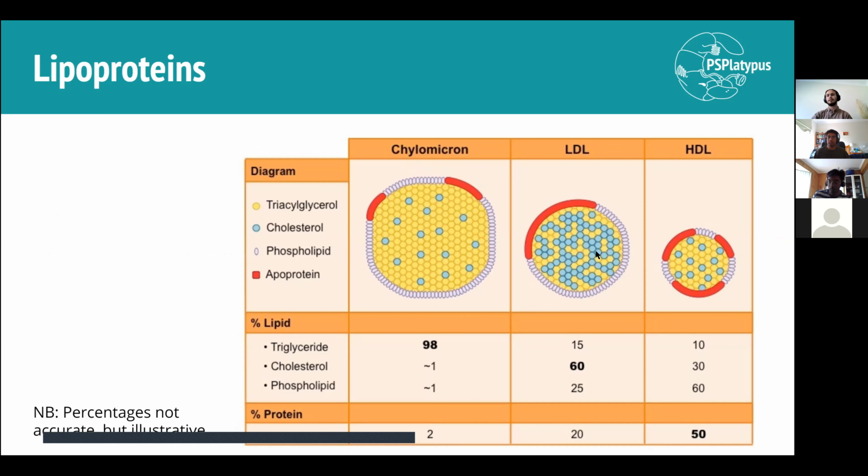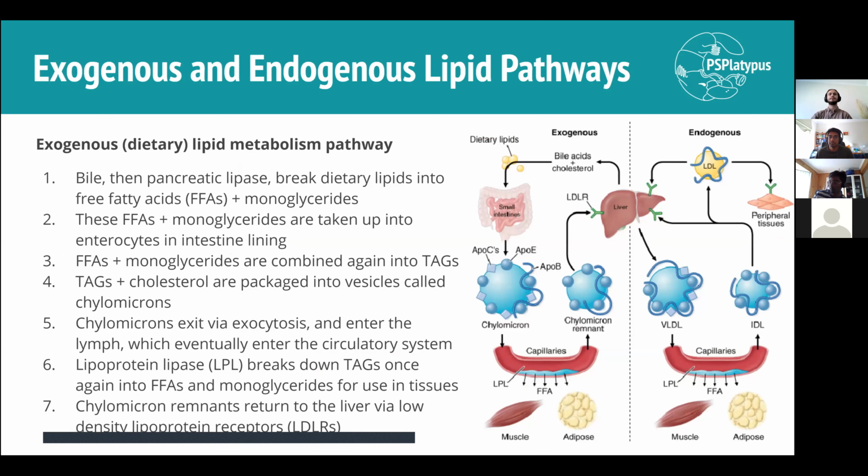As you can see, the cholesterol in blue, they're made up predominantly of cholesterol. And high density lipoproteins perform reverse cholesterol transport. They take cholesterol from body tissues and return it to the liver, either for excretion or for reuse in the body.